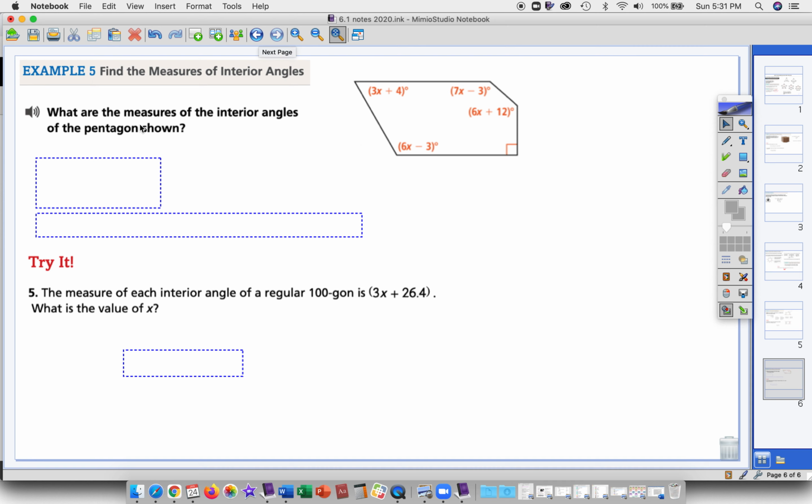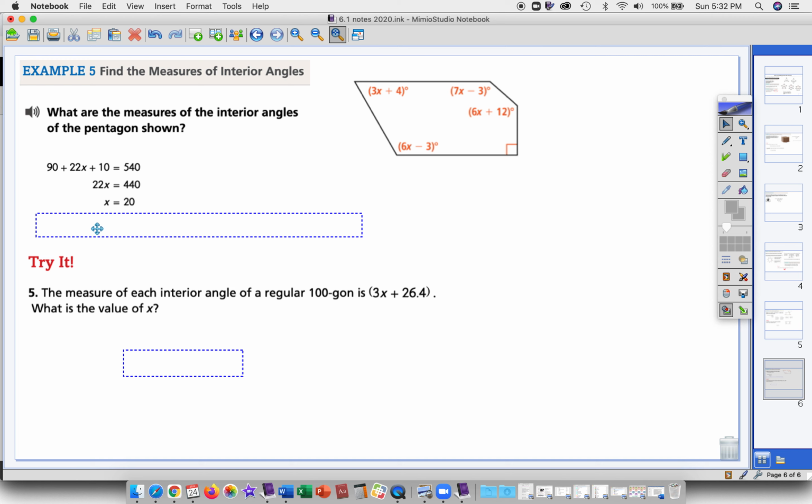For example 5, you're asked what are the measures of the interior angles of the pentagon shown. So again, for a pentagon, we know the interior sum is 540. Combine your like terms. You should have gotten 90 plus 22x plus 10 is equal to 540.